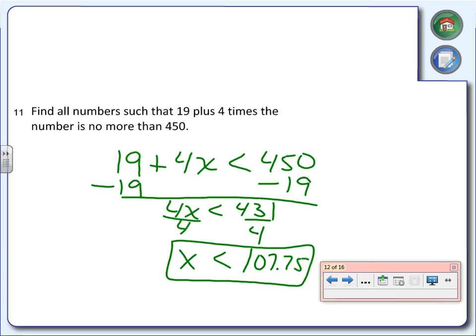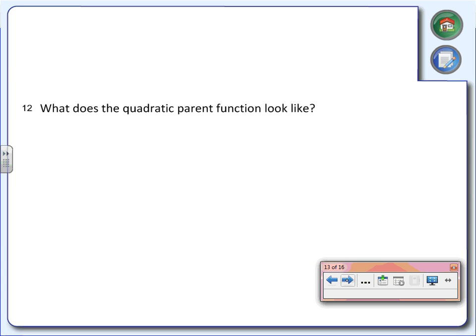And of course, like I said, on the test, it will be multiple choice. Number 12, what does the quadratic parent function look like? A U shape. Now remember, we're talking about the parent function, and the parent function goes right through the origin. So this is what the quadratic parent function looks like. And remember, it's going to be multiple choice, so you'll have the graphs to look at.